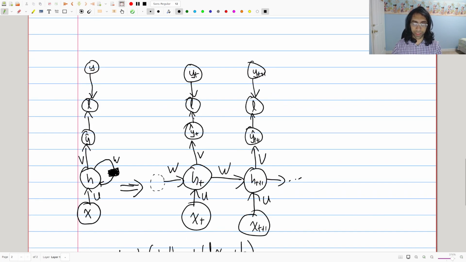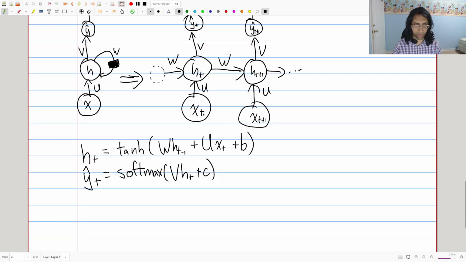And the last thing we need to specify is how we compute this loss function. Not too surprisingly, you just sum things up. Suppose we have some sequence x, which is the input, and our sequence y, which is the desired output.